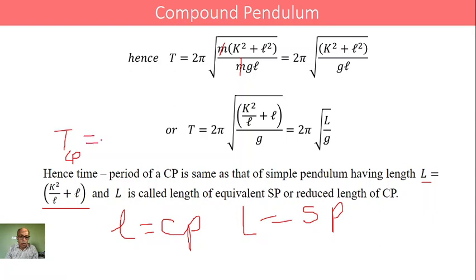If capital L is equal to this, then the time period of the compound pendulum will become equal to the time period of the simple pendulum, and this L is called the length of the equivalent simple pendulum, or in other words, the reduced length of the compound pendulum.